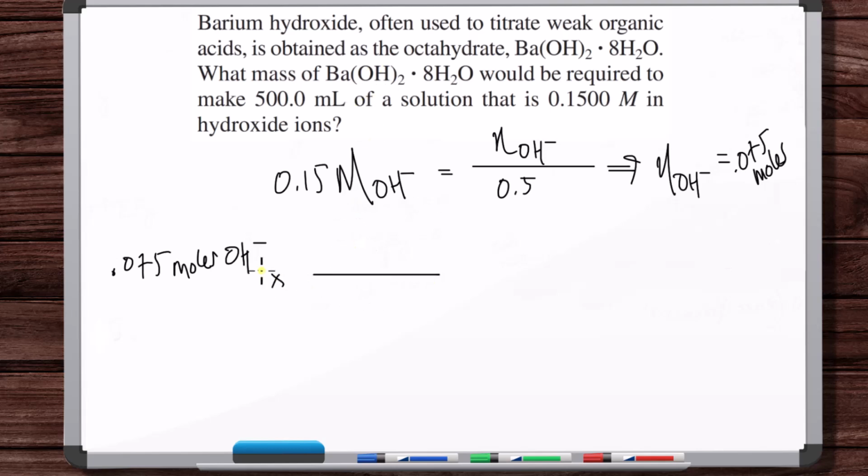In terms of moles, for every one of these, or 1 mole, same idea, since a mole is just a scalar that you apply to a count, how many OHs are there? Well, there's 2. So there's 2 moles of OH- for every 1 mole of barium hydroxide octahydrate.